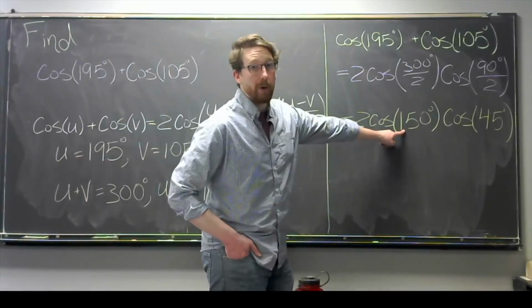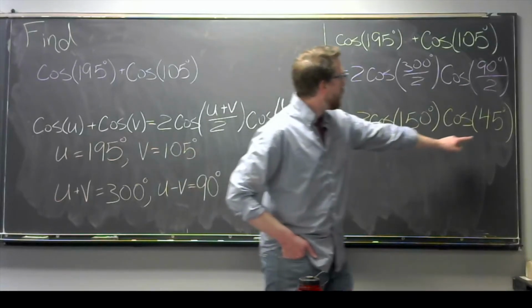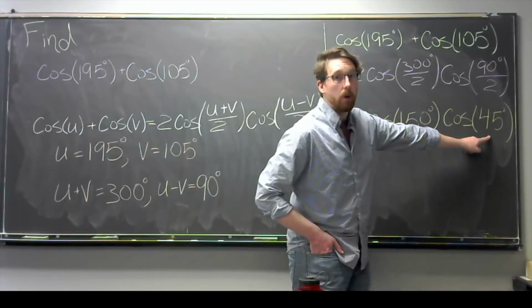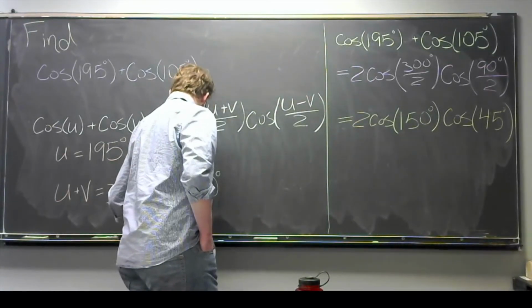This is going to be negative square root of 3 over 2. This is going to be the square root of 2 over 2. All of that multiplied by 2.